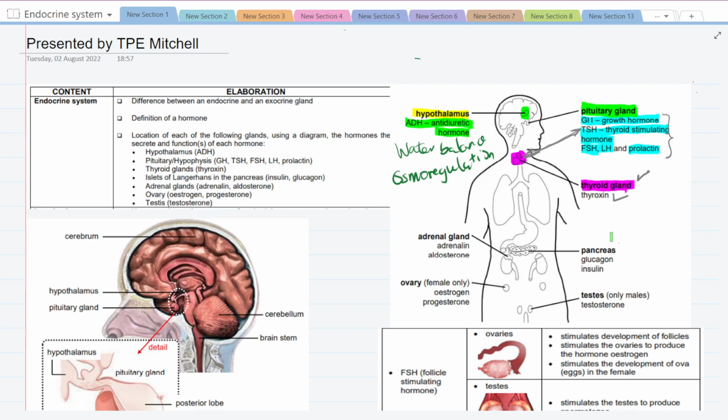It can act as an endocrine as well as an exocrine, and I will show you later what I mean by that. But you must remember this pancreas, because they like asking this question to say which gland is classified as both an endocrine as well as an exocrine.